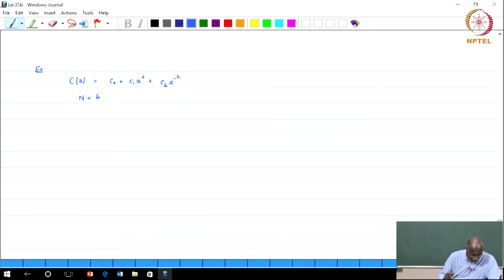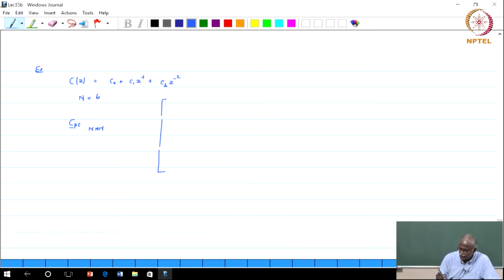I would like us to construct what the pseudo circulant matrix looks like. If you notice, the pseudo circulant matrix, the CPC matrix, has dimension N cross N. So, what you should get is a 6 cross 6 matrix.